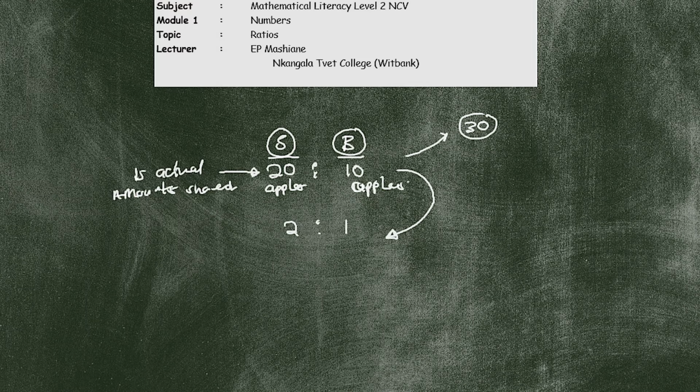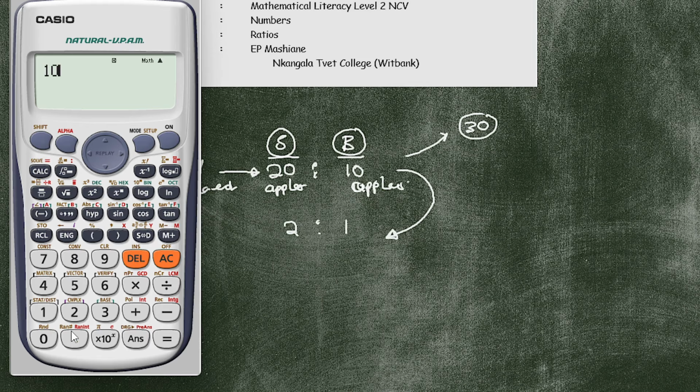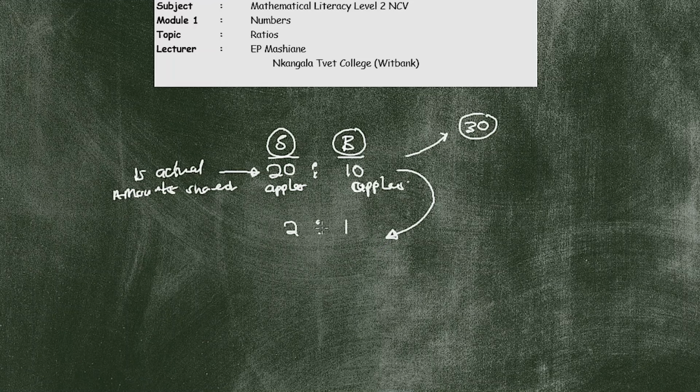Or you can do it like this and say 10 over 20. So the 10 gets a 1, and the 20 gets a 2. So the apples were shared between the siblings in a ratio of 2 to 1. This is now a simplified ratio. The 20 to 10, yes, is also considered a ratio, but this is the simplified ratio.